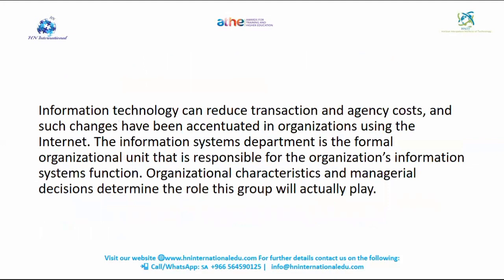Information technology can reduce the transaction and agency cost, and such changes have been effectuated in organizations using the internet. The Information Systems Department is the formal organizational unit that is responsible for the organization's information system function.